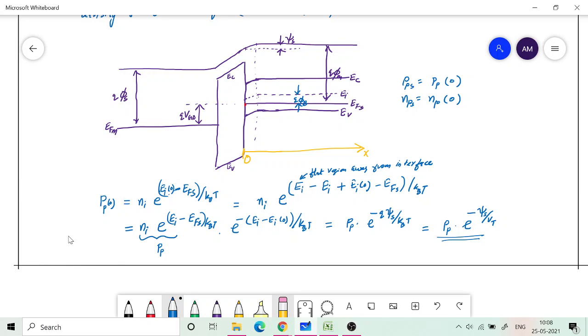So that's the notation. I don't put any x there. X is very large from the origin, whereas EI0 is at the origin, x equal to 0. So where there is a bending and EI is changing, the difference between these two EI, the original EI position minus the new EI position, is what we define as psi s. Okay, q into psi s.